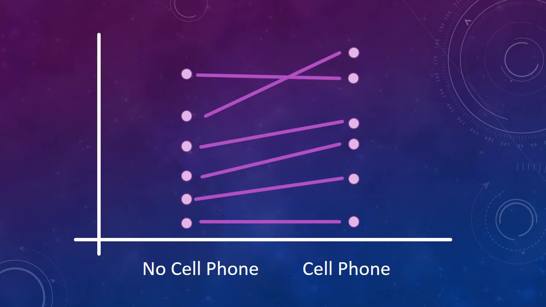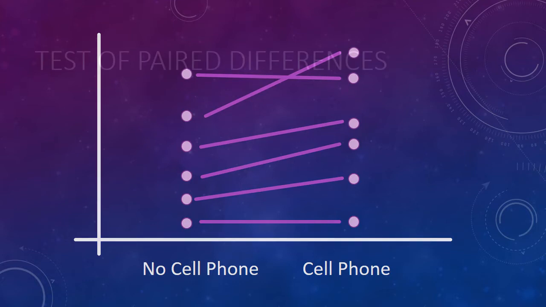Studies that make use of paired data like this usually have greater statistical power than studies that rely on independent groups, because you can use the pairs to factor out much of the variability between subjects in order to focus more clearly on the differences you're interested in, in this case, the effect of using a cell phone on braking reaction time.